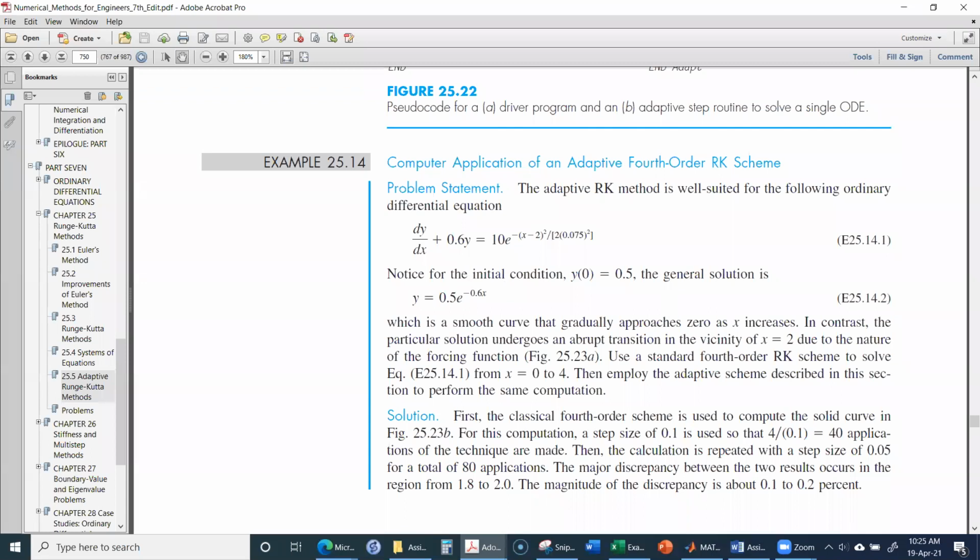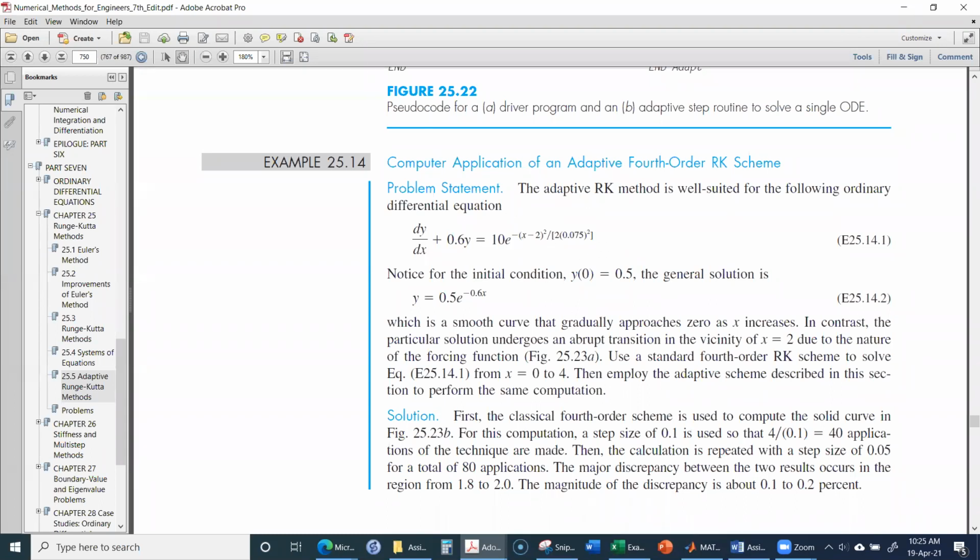first of all, I can write this equation in Matlab. When we write this equation, it will be written as dy over dx equals minus 0.6 plus 10 and then the exponent of this function.